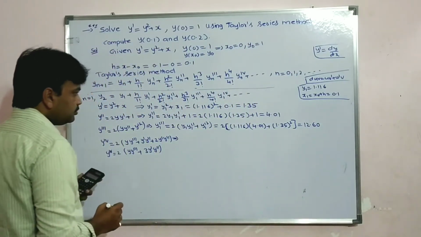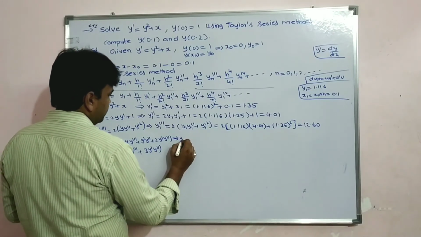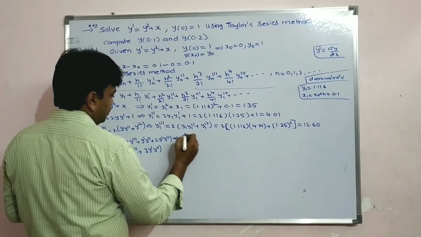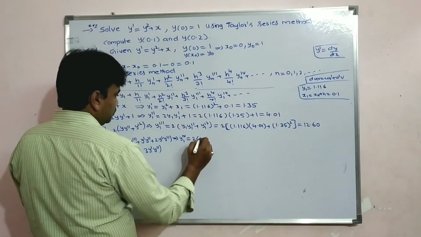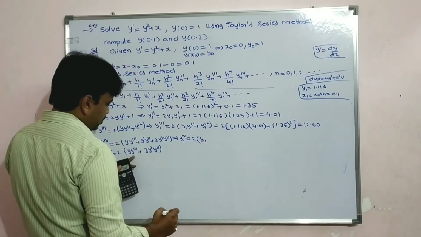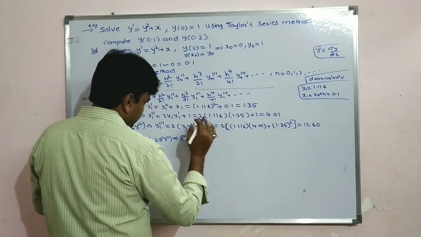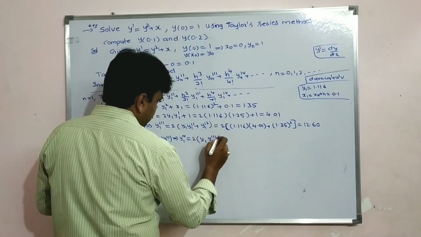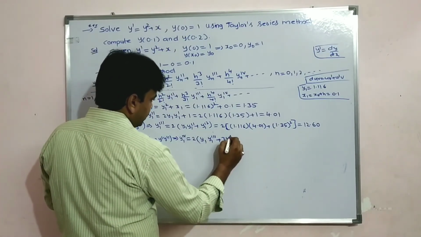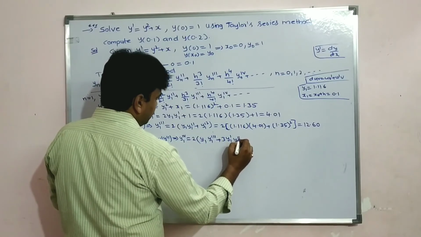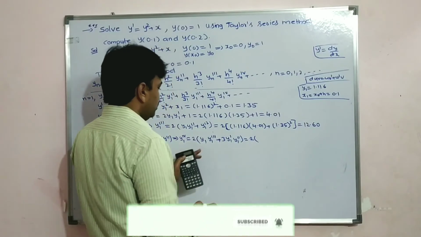12.60. Now see students here, y power 4, y that means here y1 power 4 students, y1 power 4 that is equal to 2 into y1 6 students here. Now y1 power, come on tell me y1 power triple dash plus 3 y dash students, that means y1 dash here y1 double dash, that is equal to 2 into y1 students.